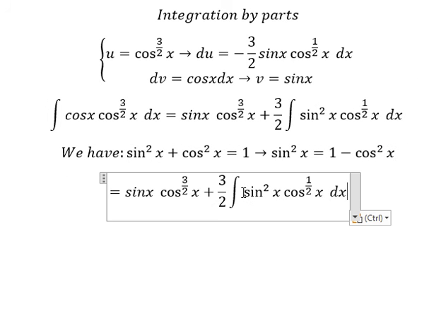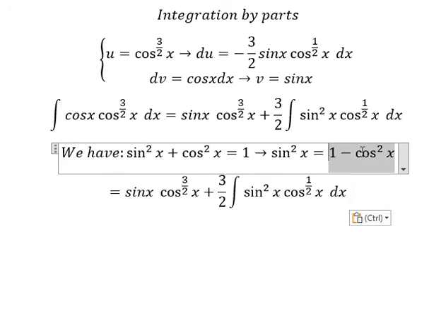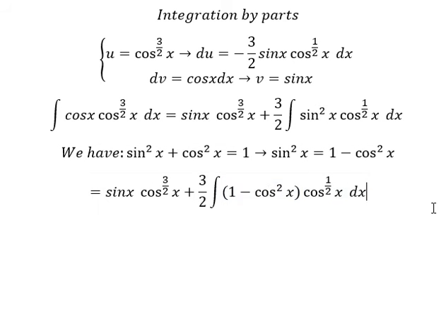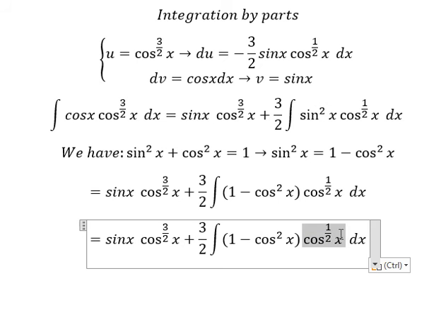Now, we need to change this one into this one. Now, we have this one multiplied by number 1 and cosine s squared.